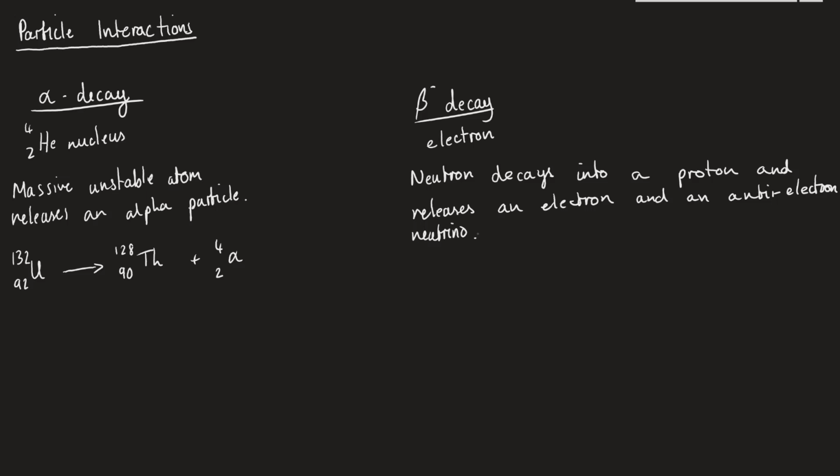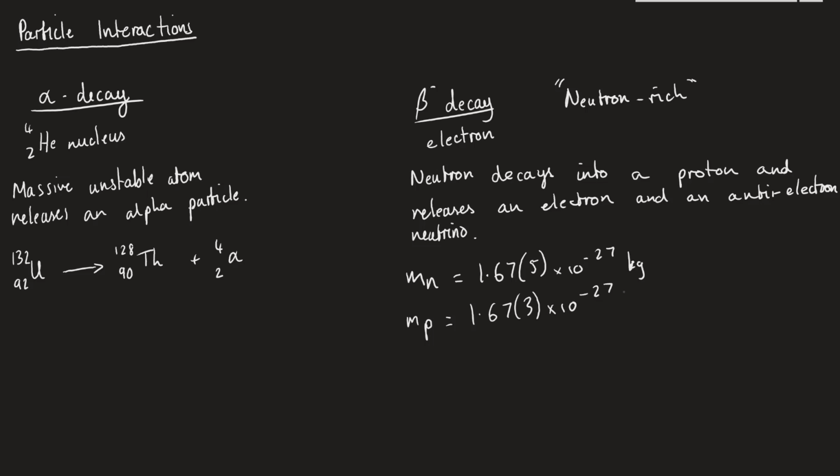Okay, the reason it will do this is because the atom is what we call neutron rich. And that basically means that it has too many neutrons, and so it needs to get rid of some. And so the neutron, if you remember all the way back to what we looked at, the mass of the neutron, so I'm just going to call this Mn for the mass of the neutron, is 1.675 times 10 to the minus 27 kilograms, whereas the mass of a proton was 1.673 times 10 to the minus 27 kilograms.